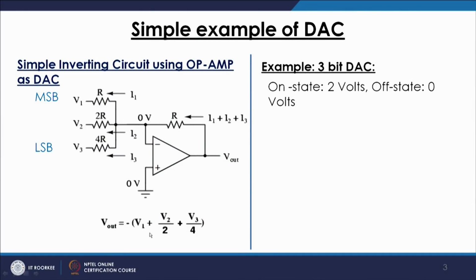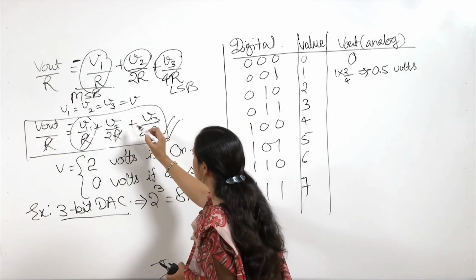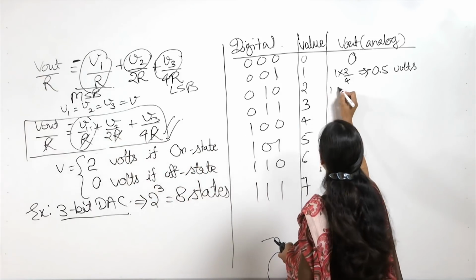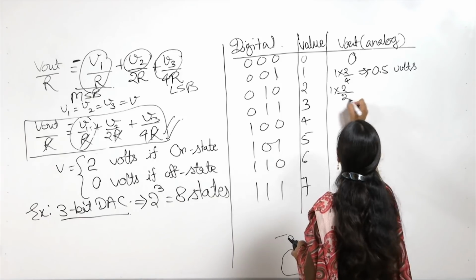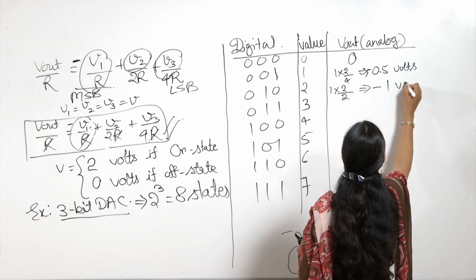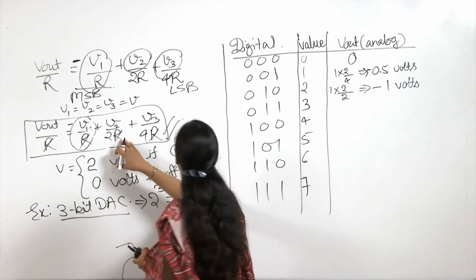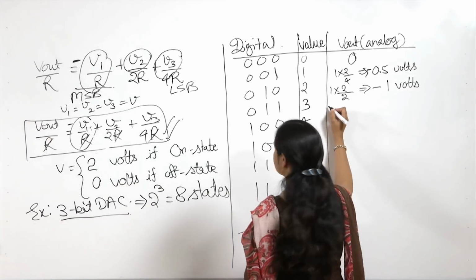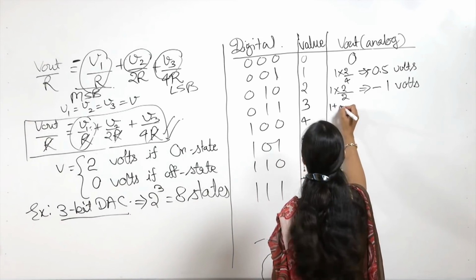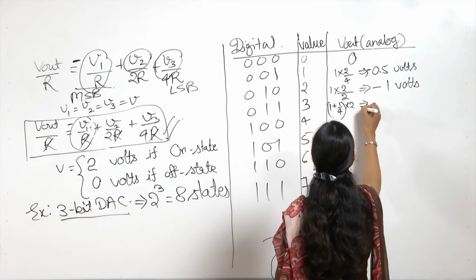So, basically for the second digit, this one will be 1, other two are 0. So, it will be 1 into 2 divided by 2. So, it will be minus 1 volt. What about the next one? Now, these 2 will be 1 and it is 0. So, it will become 1 plus 1 by 4 into 2.